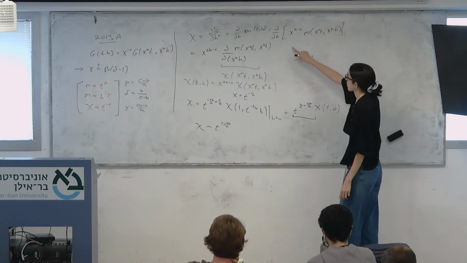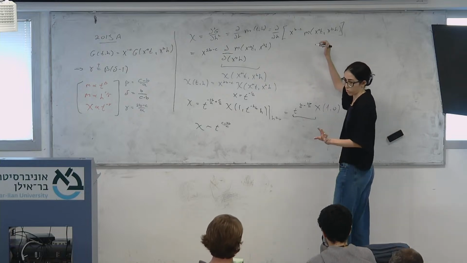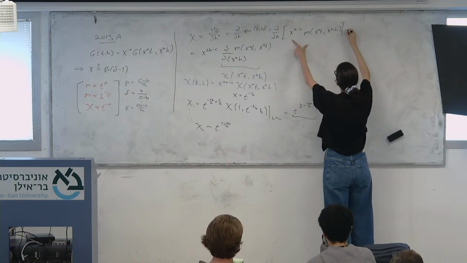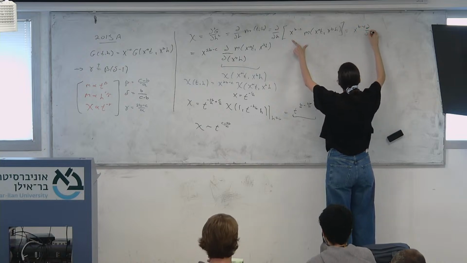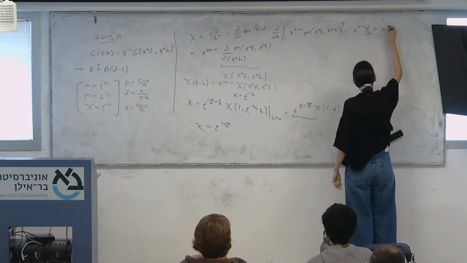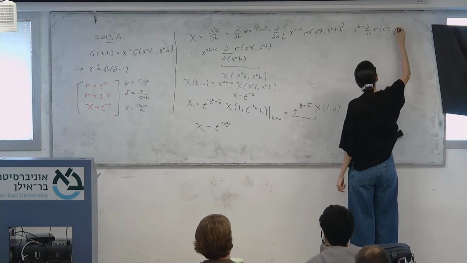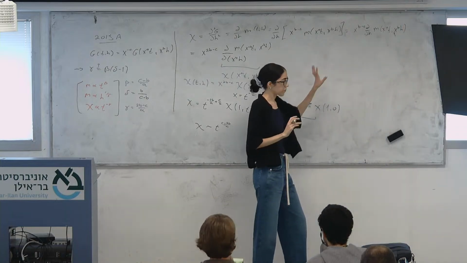So I can take out the x part, right? This is equal to x b minus c d h, and this is one.